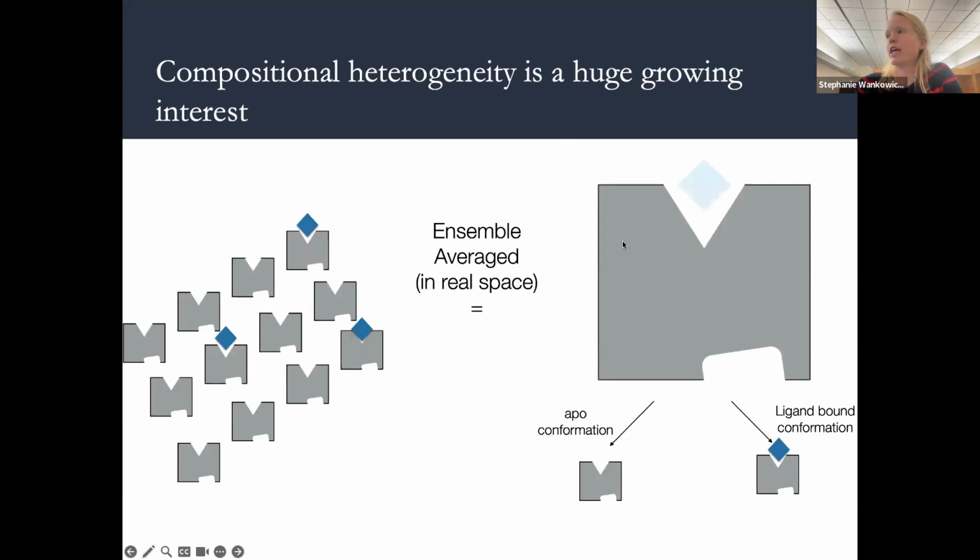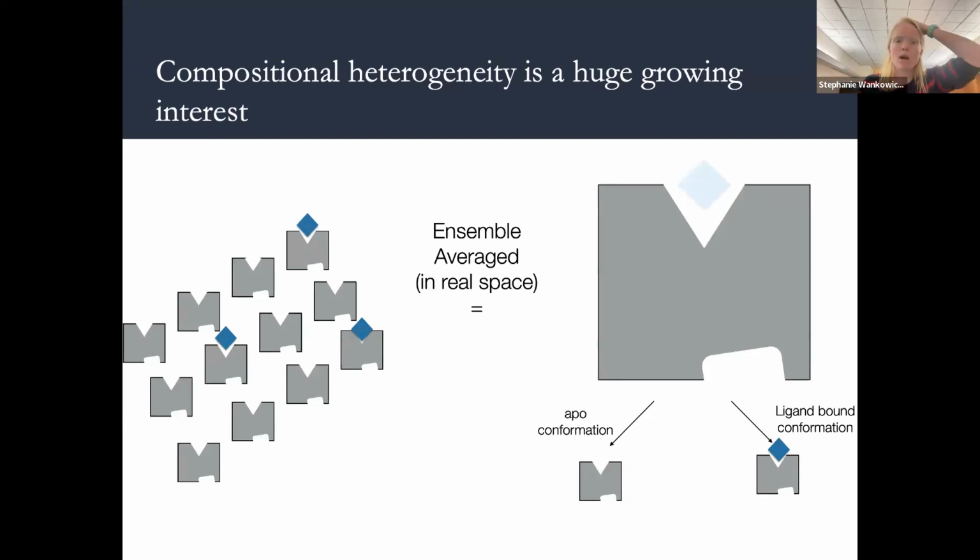Compositional heterogeneity is the fact that you can have different small molecules or peptides or even entire domains of structures that exist, but only in some copies of the protein that you're getting the data from. So if you imagine that these are all different copies of the protein in gray, you only actually have a ligand bound, in this case, in 3 of them. But then you get this ensemble average through the electron density. And the question is how do you now separate out this ligand bound conformation and the apo conformation?